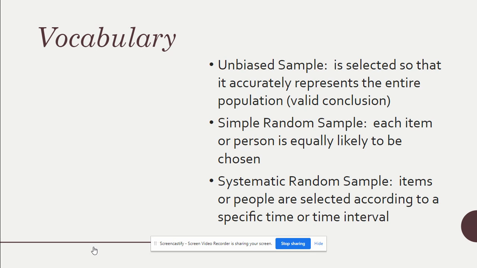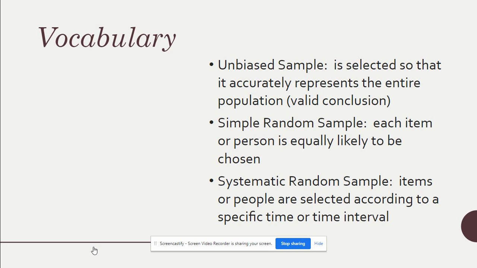A simple random sample is when each item or person is equally likely to be chosen. So that's going to be an unbiased sample. If it's simple and random, that's good. One of the ways that it can be random is by systematically making it random. So if every 10th person that leaves Walmart is surveyed, that is systematically random because they're not saying, oh, well, they're a male, I'm going to survey them.